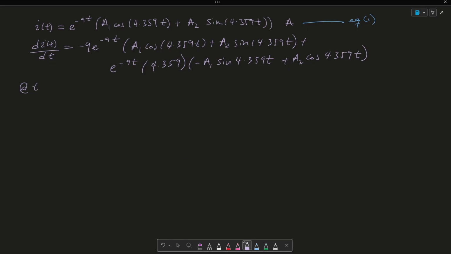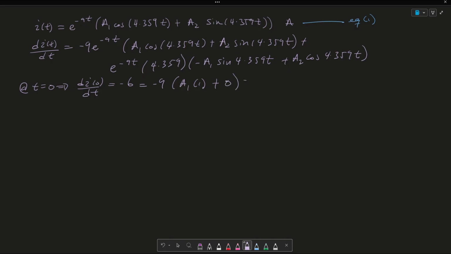So then we say that at t equals 0, we know that di of 0 over dt is equated to minus 6. So then this becomes, I'm not going to write it out like I did for the A1 case, I'm just going to talk about it. This becomes minus 9 because e to the minus 9 times 0 is 1, times A1 cosine of 0, which is simply 1, plus sine of 0 here is 0.